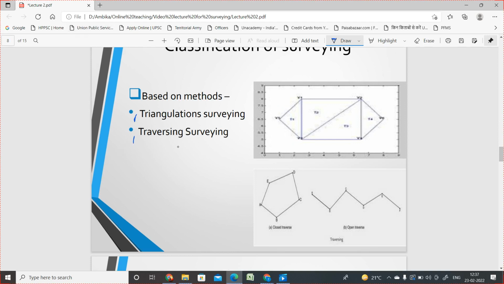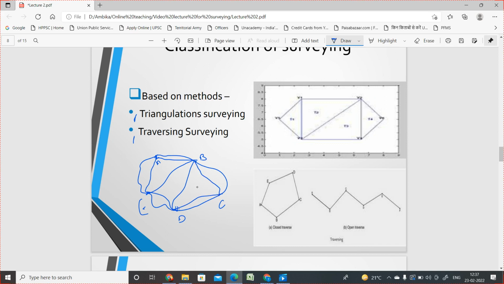What is triangulation? Basically, suppose this is an area, and in this area, suppose these are the station points. Suppose this is point A, this is point B, this is point C, this is point D, and this is point E. So in that case, the total area is divided into different segments, and each point is joined with a straight line and they form basically triangles.